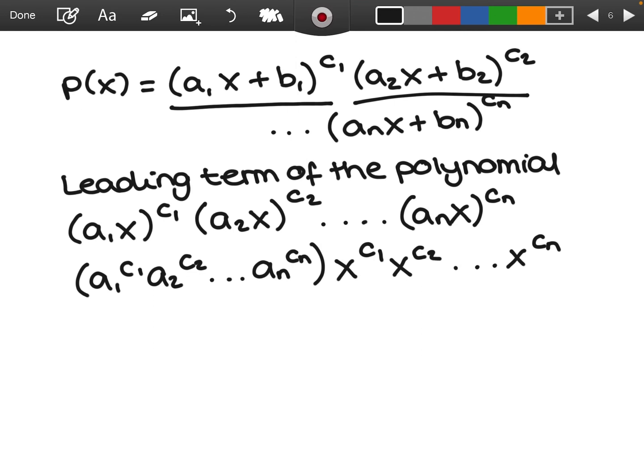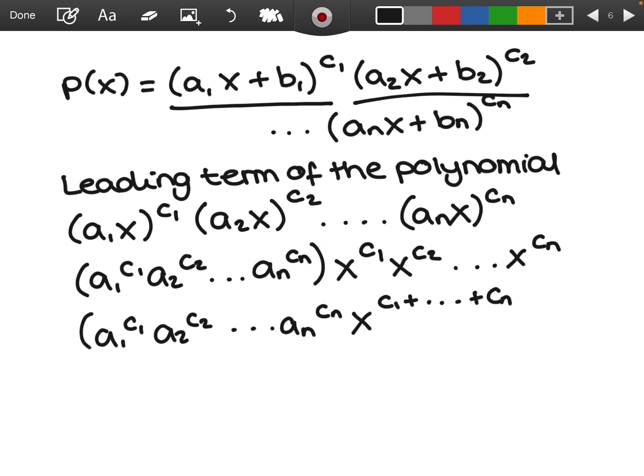If you multiply that variable x by different powers, you would just add the powers, so you would get a1 to the c1, a2 to the c2, an to the cn, x to the c1 plus down to cn. Okay, so that would be our leading term of the whole polynomial.